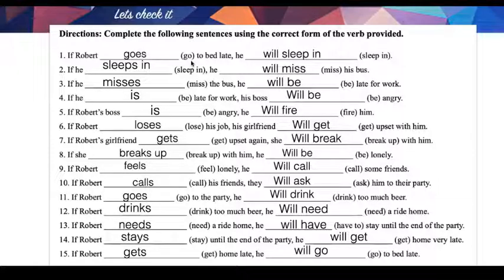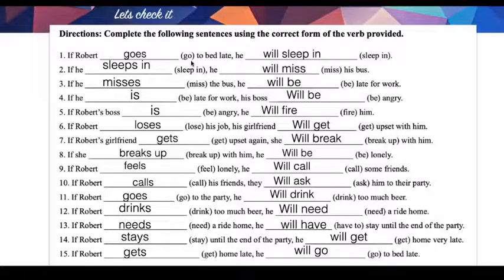That's interesting, right? If Robert feels lonely, what is lonely, guys? Lonely is when you feel really, really alone. It comes from being without people, okay? He will call some friends. If Robert calls his friends, they will ask him to their party.